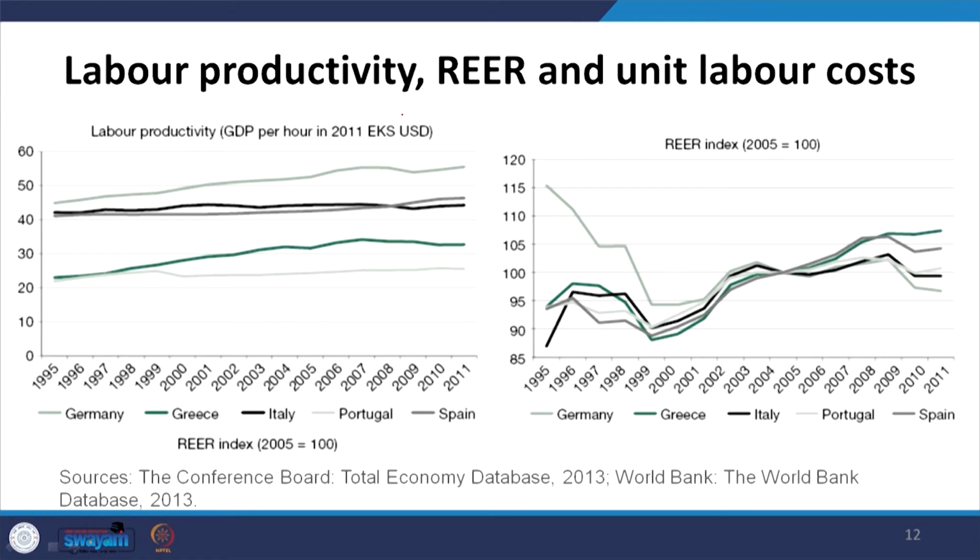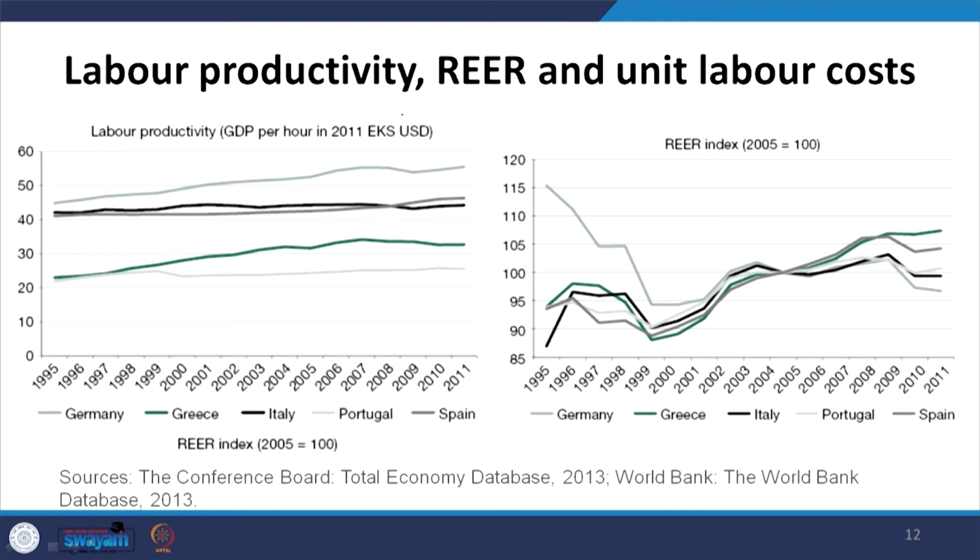Now coming to labor productivity, real effective exchange rate and unit labor cost. Look at countries like Germany, Greece, Italy, Portugal and Spain. The real index is taken with base 2005 as 100. Labor productivity per capita is rising in almost all the countries.